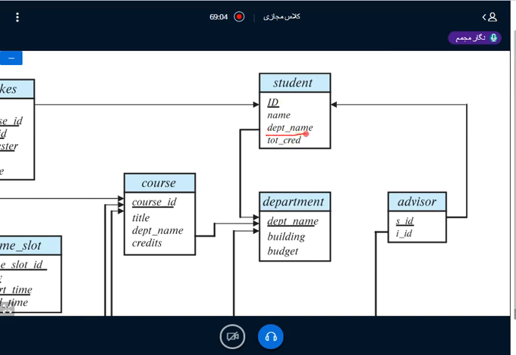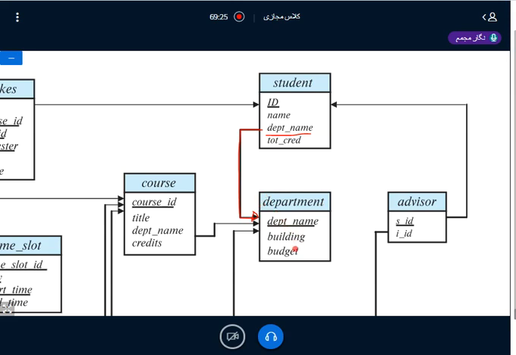And with the attribute dept name, I can refer to another table and find extra data.